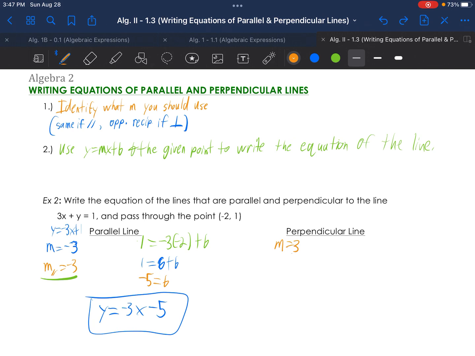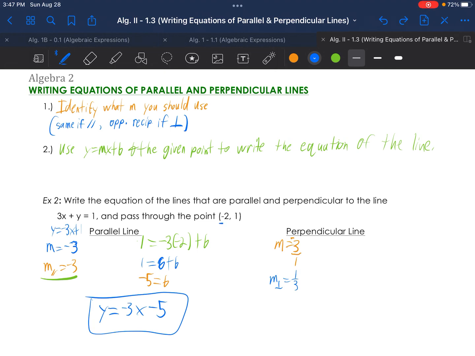Because 3, just like any number, is secretly always over 1. So the reciprocal is 1 over 3. Assuming that should be a negative 3 over 1, which makes the opposite reciprocal, aka the slope of the perpendicular line, like I did the little symbol there, is positive 1 over 3.